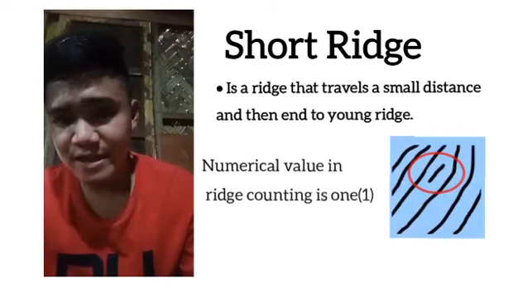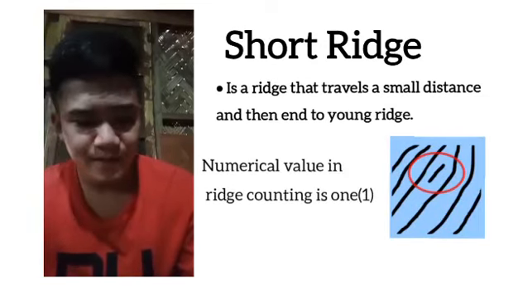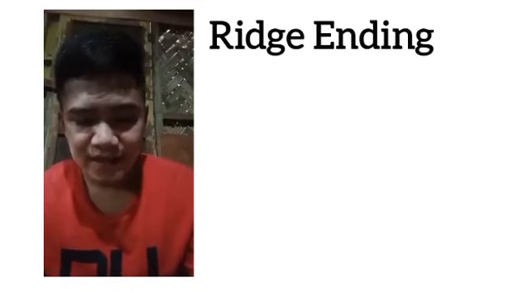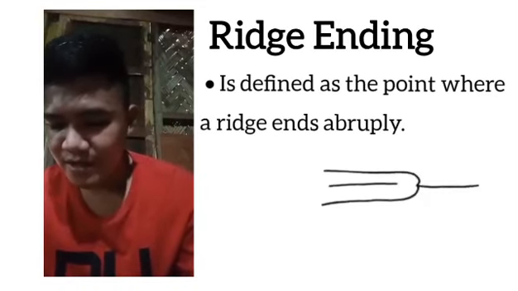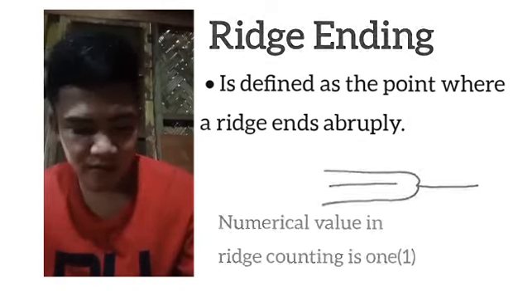A short ridge is a ridge that travels a small distance and then ends, yung ridge na maikli lamang. Ridge ending is defined as the point where a ridge ends abruptly. In other words, ito yung dulo ng ridge.